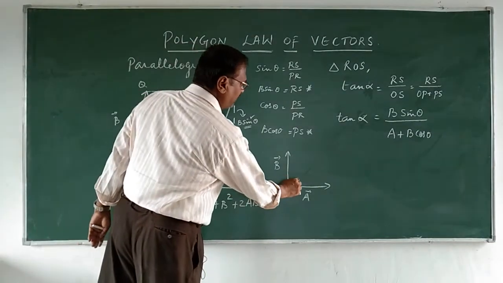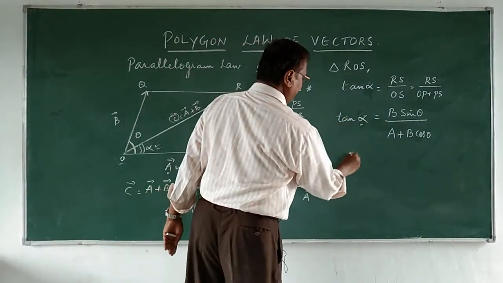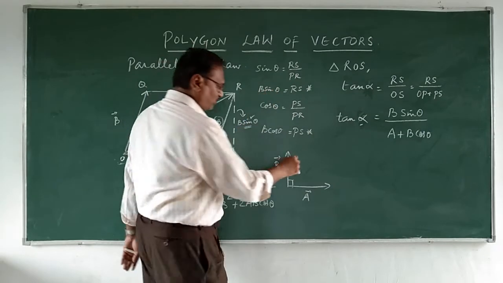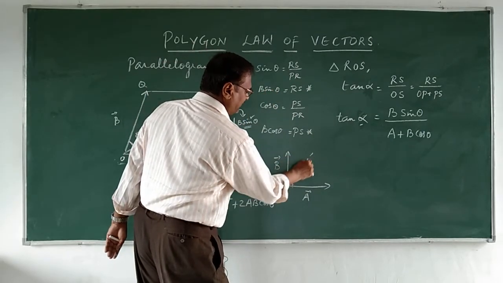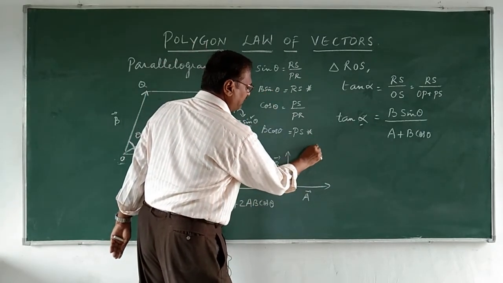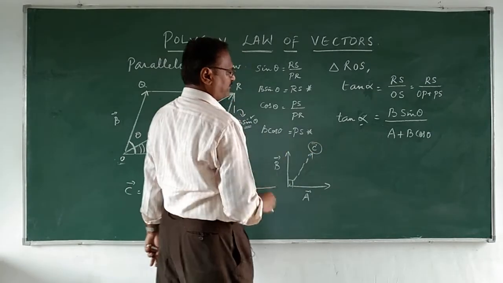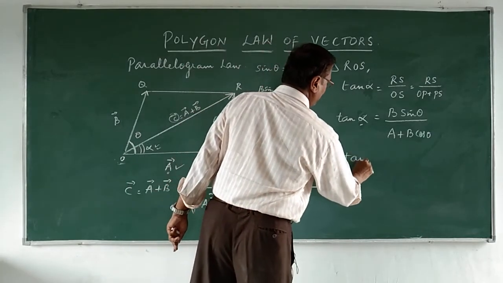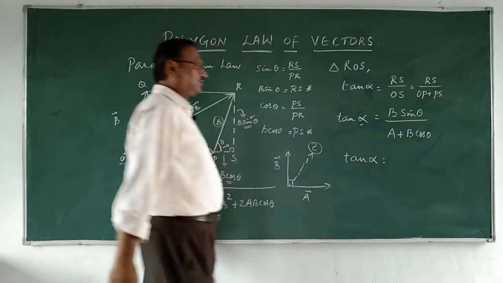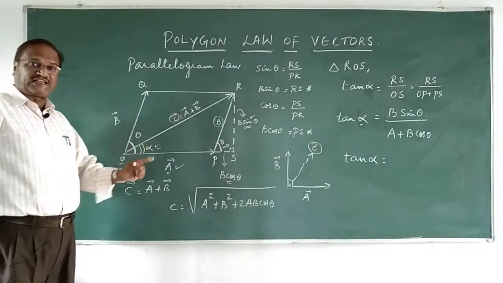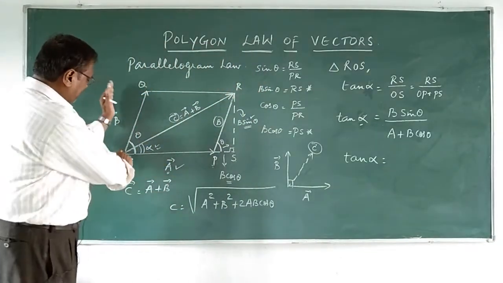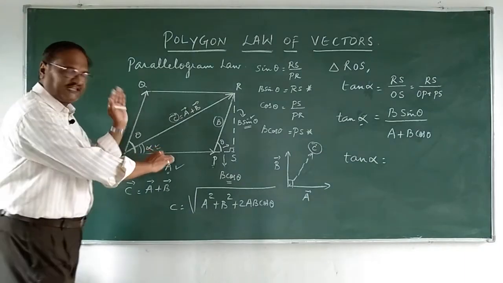So here we have to calculate this alpha. Where is the resultant? We don't know. Let us say the resultant is somewhere here and we want to calculate the resultant's direction. Then we say tan alpha is equal to B sin theta over A plus B cos theta. Now what is theta here? Theta has become perpendicular, 90 degree.